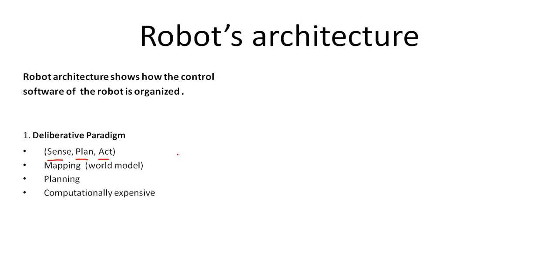For every piece of information, the robot needs a map, or needs to update the map or make a new map, and then it has to perform planning, and this requires a lot of energy and time. So that's why this is one of the disadvantages of these kinds of architectures.